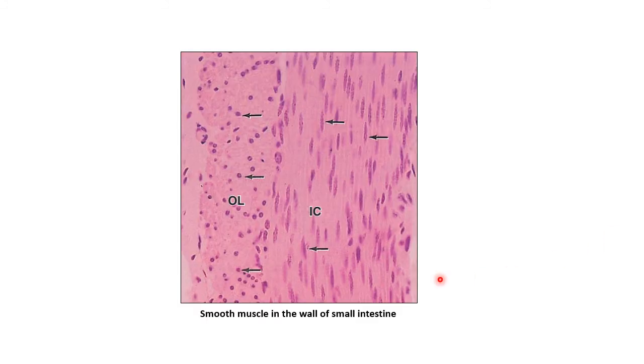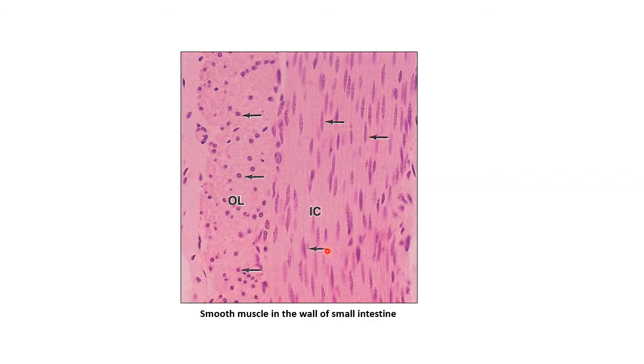This is a histological section showing smooth muscle cells in the wall of the small intestine. It is a cross section of the wall of the small intestine, stained with H and E. This part is the inner circular layer, circularly surrounding the lumen of the small intestine as a tube, and this is the outer longitudinal layer. In cross section, the longitudinal layer appears like this, and the inner circular layer appears like this.